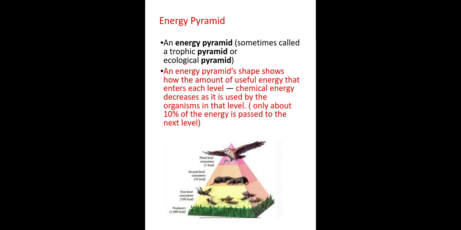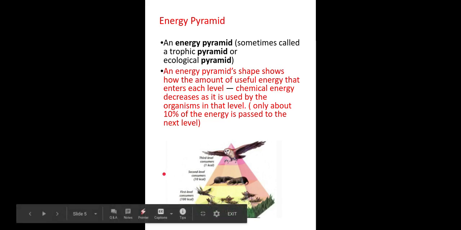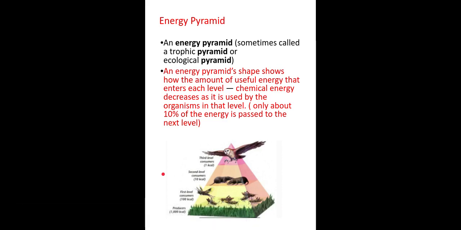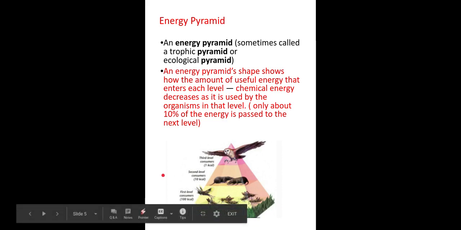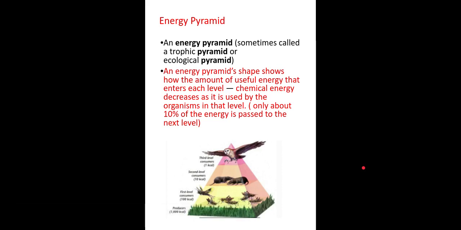All right, so if you look over here at the numbers off to the side of that pyramid, you'll see at the bottom it says 1,000. What that means is energy per calorie or whatever, right? So these producers have 1,000 energy. Let's just say 1,000 energy, a lot. So what's 10% of 1,000? 100.